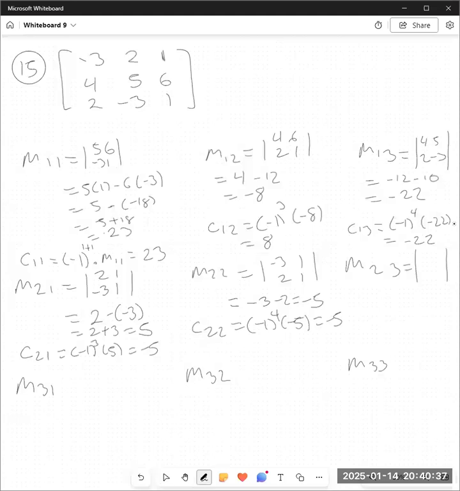M23, if I eliminate row 2 and column 3, that's -3, 2, 2, -3. So that's going to be 9 minus 4 is 5. C23 is -1 to the fifth times 5 is a -5. M31. So if I eliminate row 3, column 1, that's 2, 1, 5, 6, which is 12 minus 5 is 7.